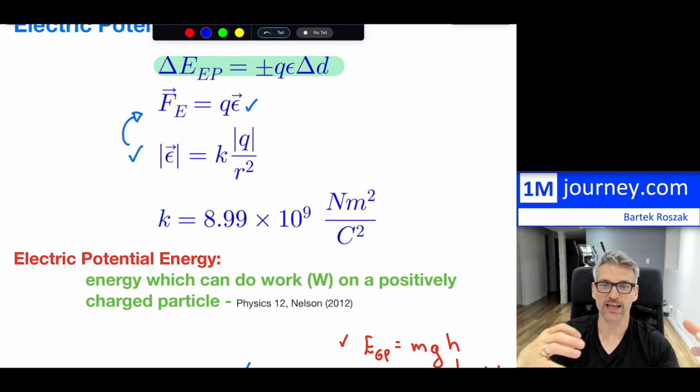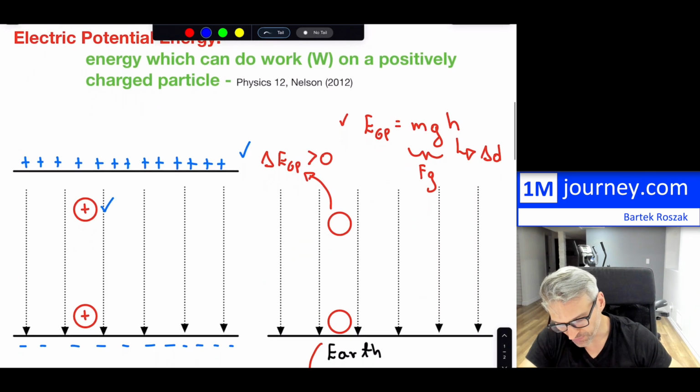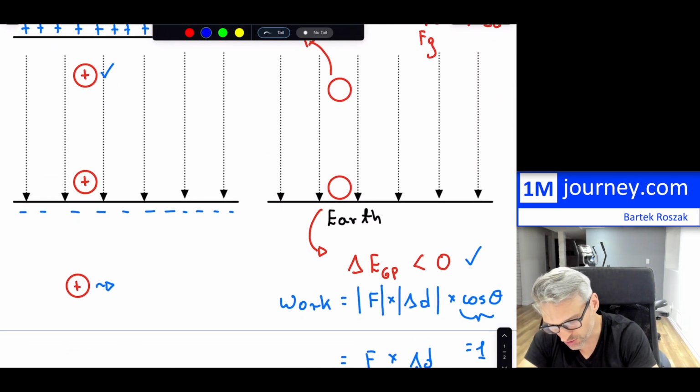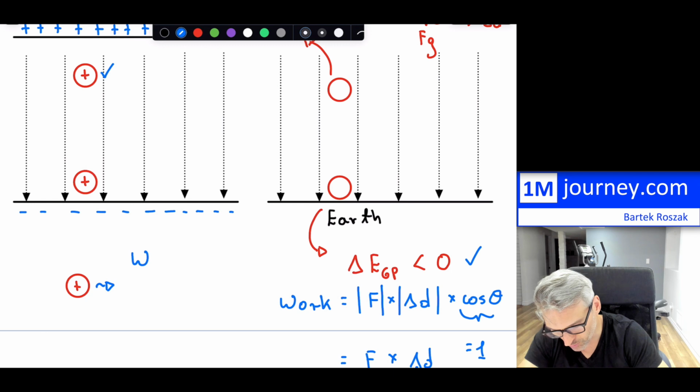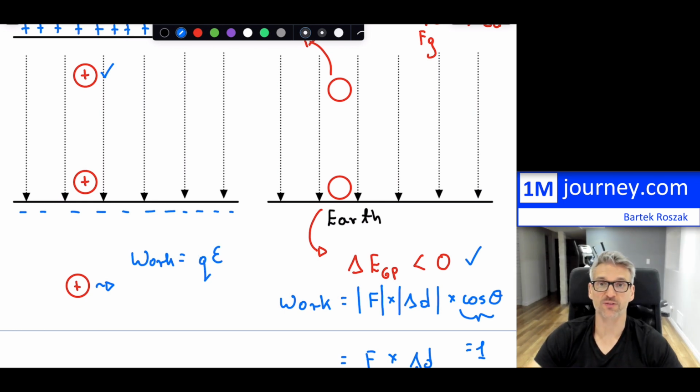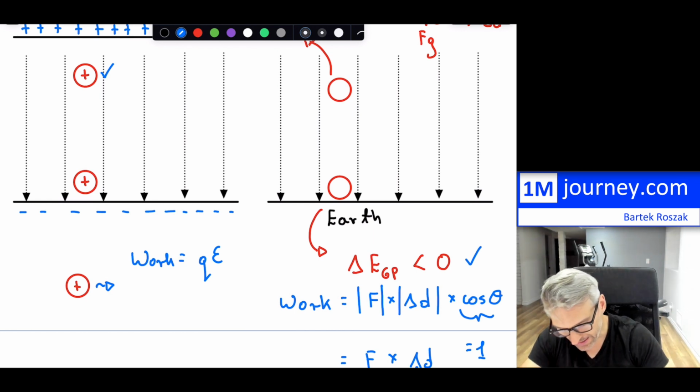So as you are working through this, if you're thinking about work, I'm going to just write work here. It's going to be the force. Well, the force is just Q times the electric field. I'm going to drop the vector here. And then it's going to be multiplied by the actual displacement.